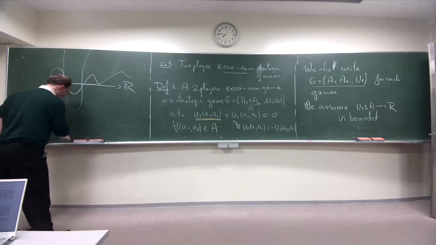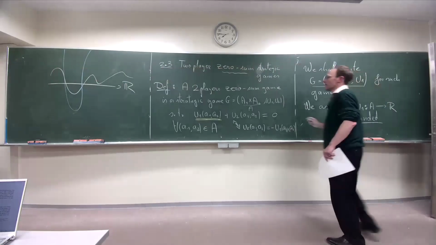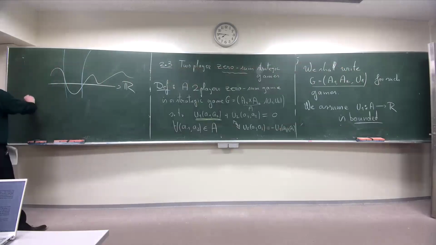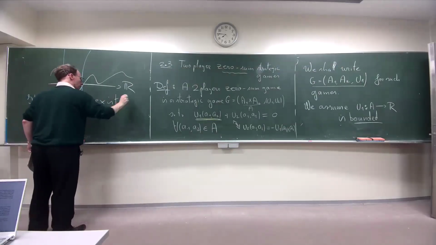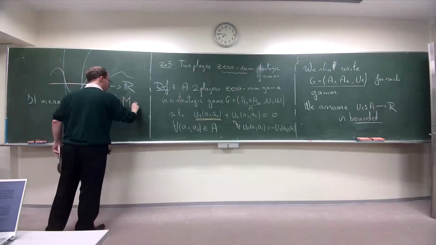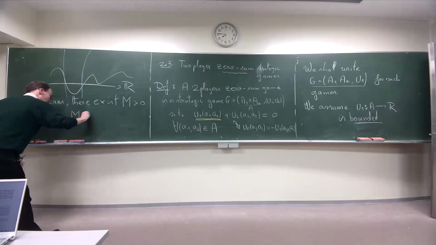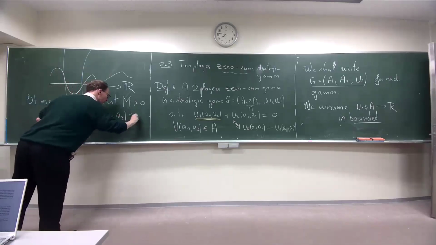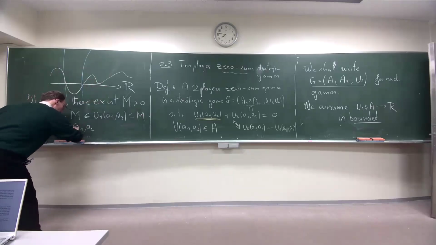So what is a more precise definition of bounded? A bounded function means there exists m bigger than 0 such that minus m is smaller or equal to U1 of A1, A2, smaller or equal to m for any point, any A1, A2.